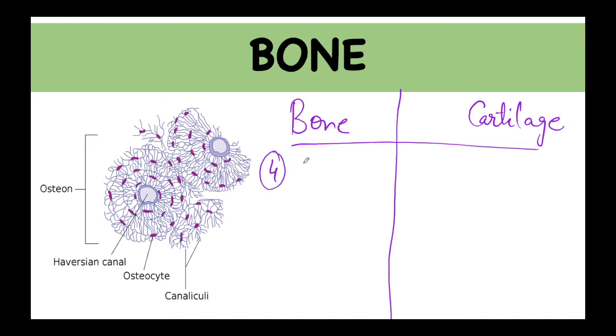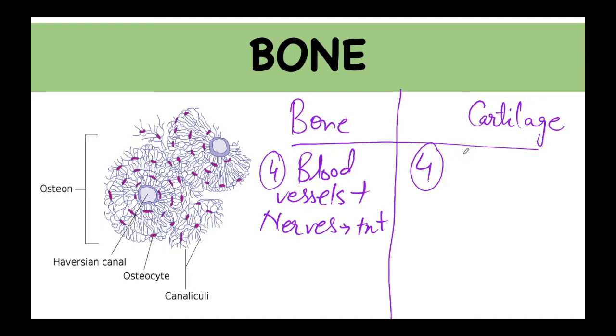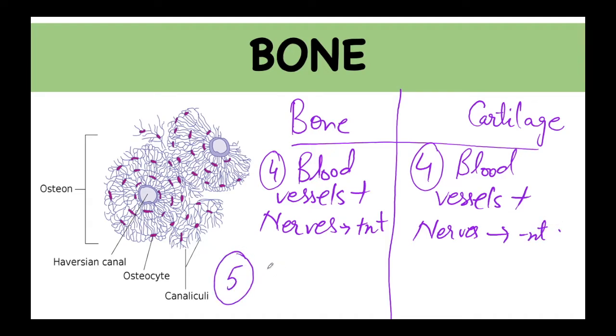Number four, in bones blood vessels and nerves are present. And in the cartilage, blood vessels and nerves are absent. Number five, bone is a porous tissue, and cartilage is a non-porous tissue.